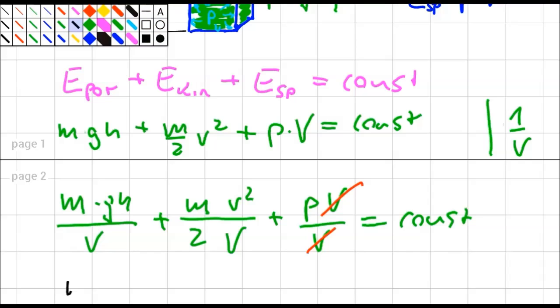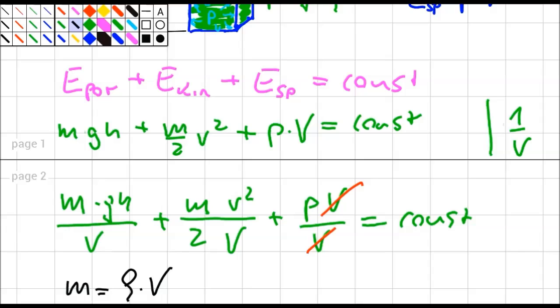our mass equals rho, that is our density of the matter, multiplied with the volume, because rho is mass over volume, right?